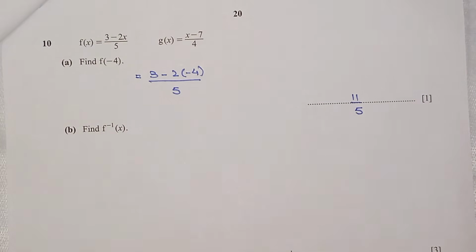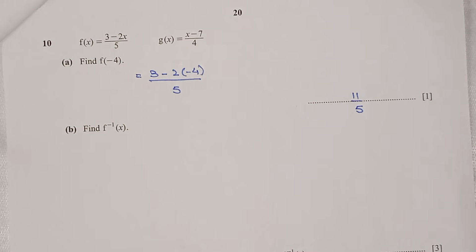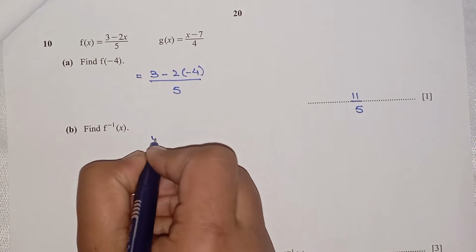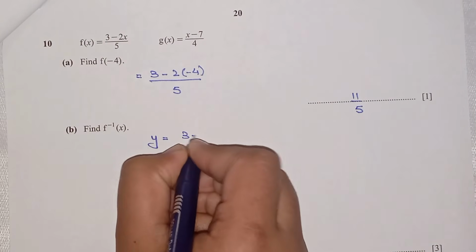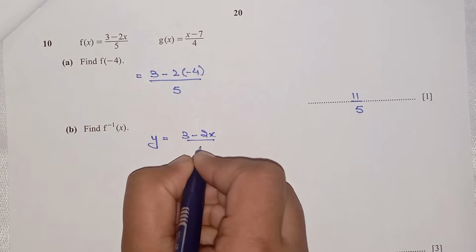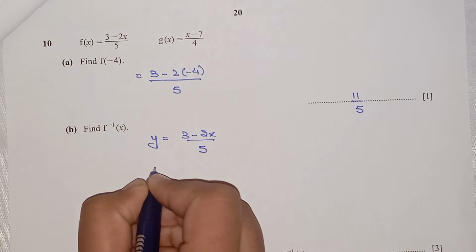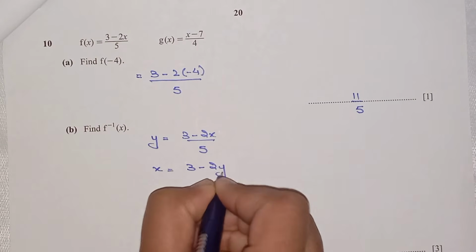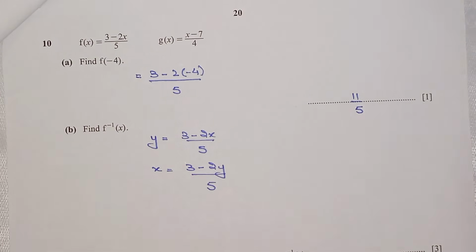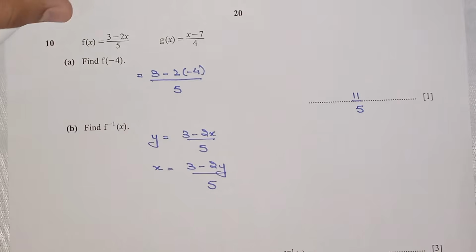Okay. Now for the B part, find f inverse of x. So to find f inverse of x, at the first step we need to put y equal to f of x. That is 3 minus 2x divided by 5, and then we can replace the variable y with x and the variable x with y. And in the third step we need to solve for y.